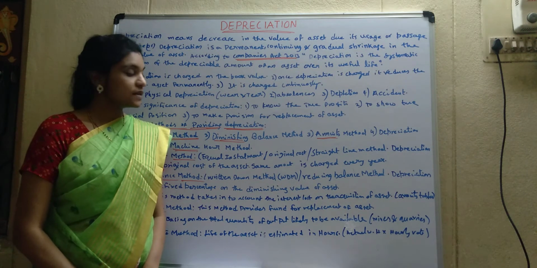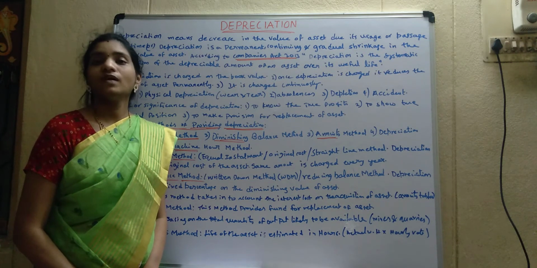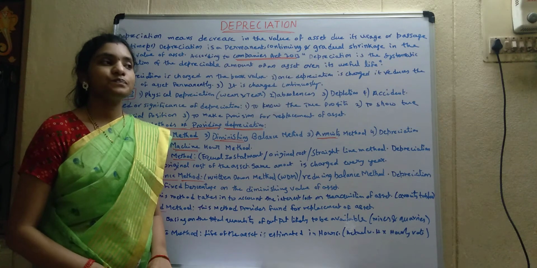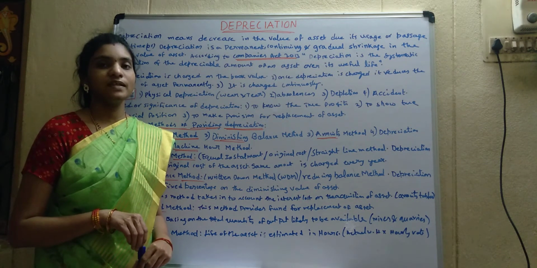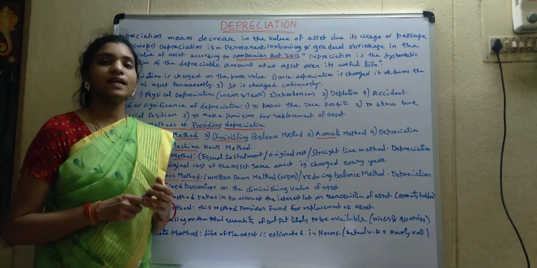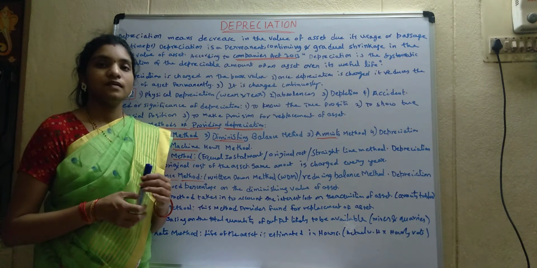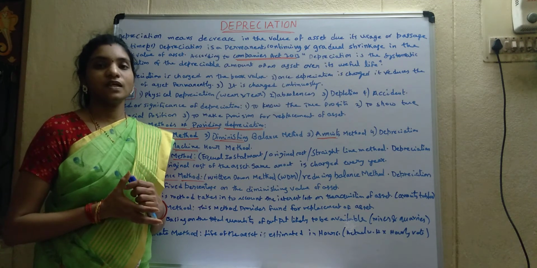I think all of you have an idea about depreciation. For example, if you want to buy a second hand asset, say second hand machinery, do you pay the original cost? No, we pay some less amount than the original cost.